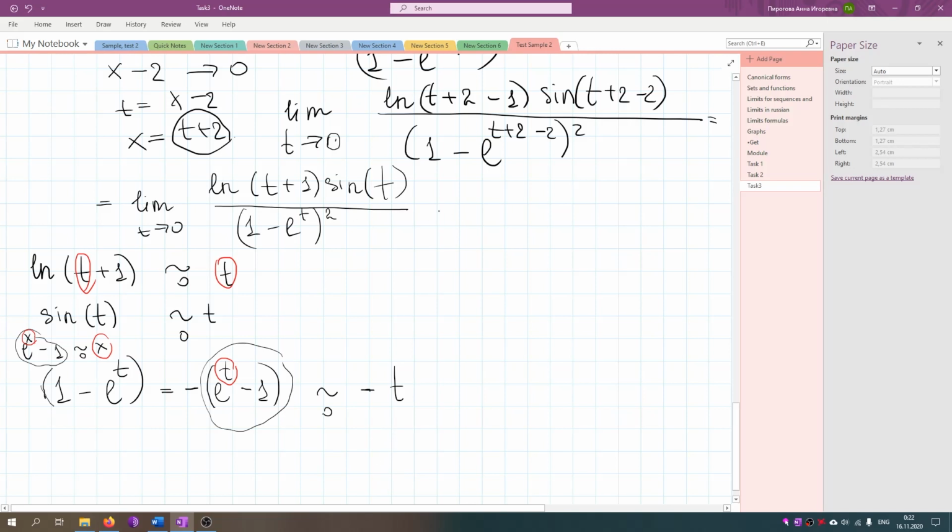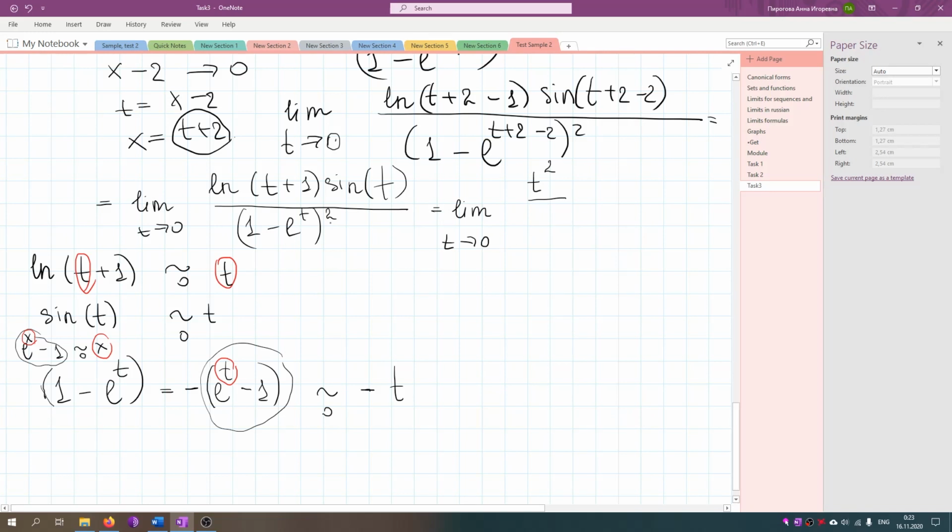And let's replace our functions with equivalent ones. So instead of natural logarithm, we will write t. Instead of sine, we will write t as well, and we will get the second power.